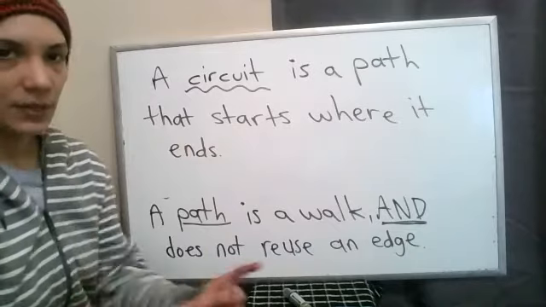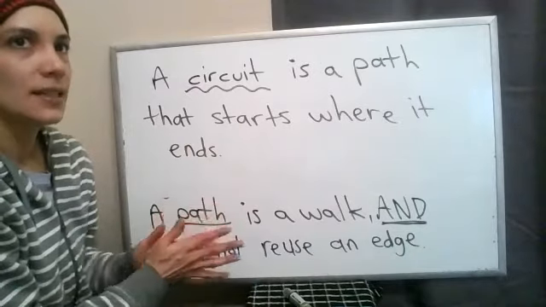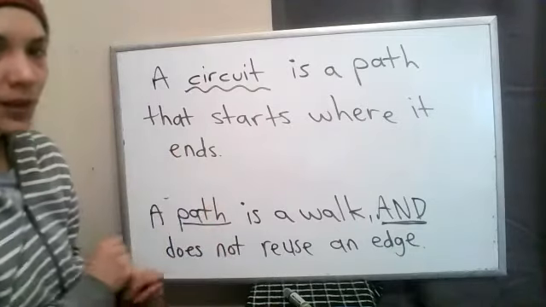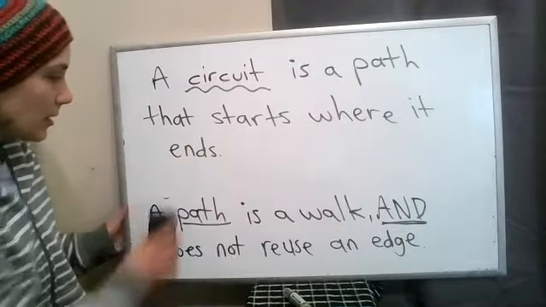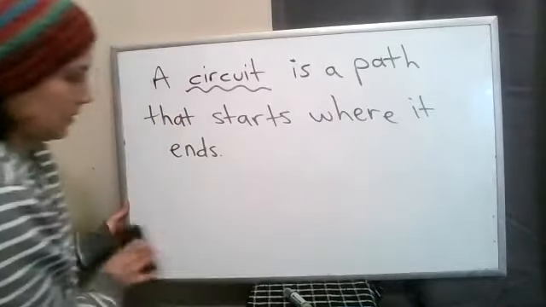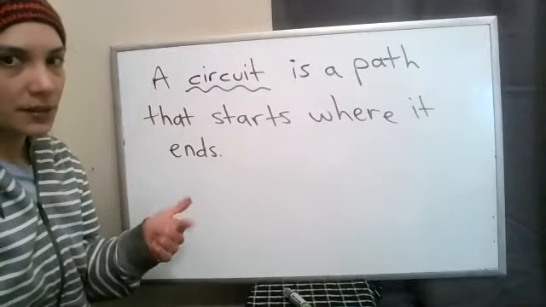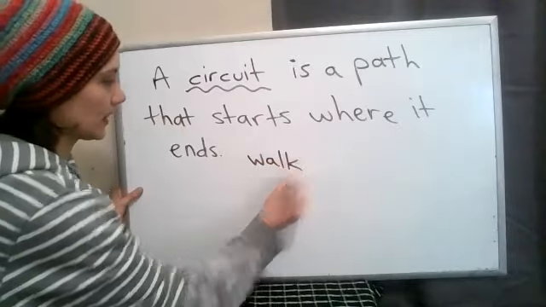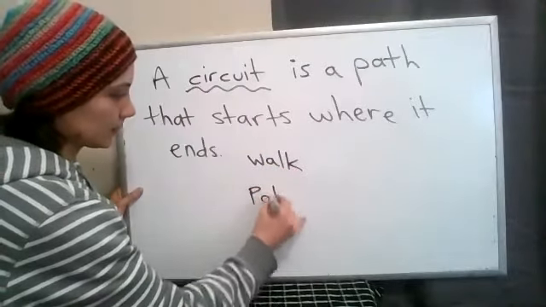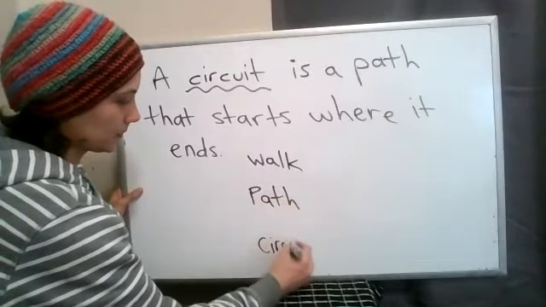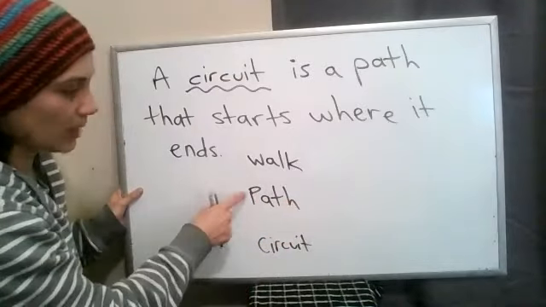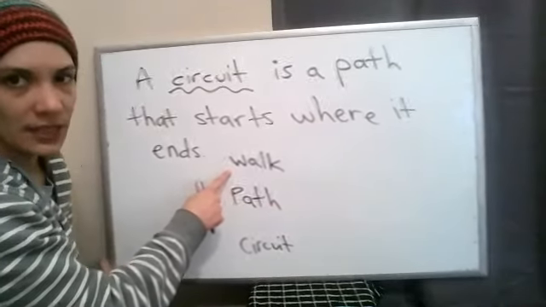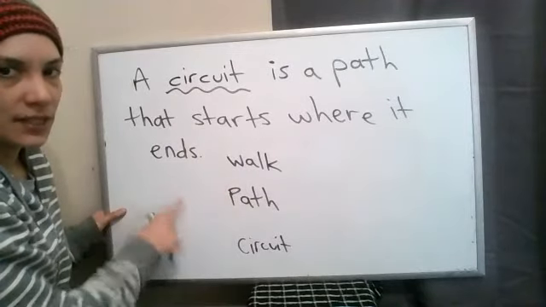So before we do examples, I want to just put a summary of these three definitions. So there's walk, path, circuit. A path is a walk and a circuit is a path. The walk is just some kind of sequence where each vertex goes to the next.